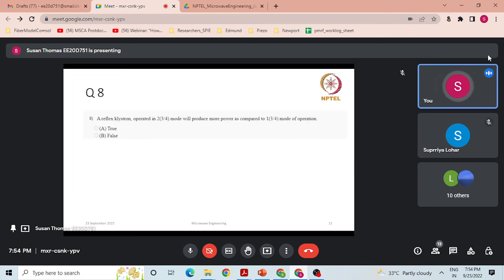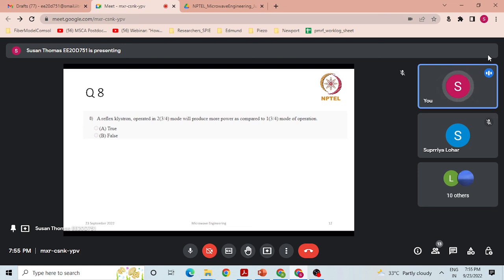Okay, let's go to the next question. A reflex klystron operated in 2 3/4 mode will produce more power as compared to 1 3/4 mode of operation. In a reflex klystron, you need to look at the dominant mode. The dominant mode is the one which gives more power. Hopefully if you have listened to the lectures, you already know which is the dominant mode.